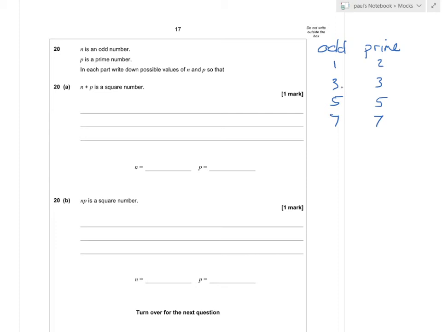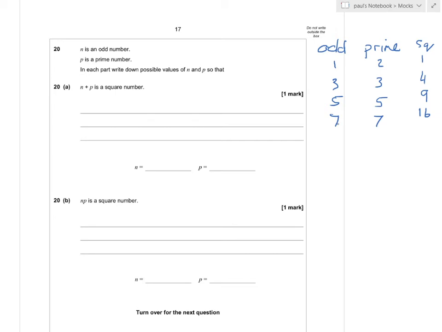So let's write down the square numbers. 1 squared, 2 twos are 4, anything that adds up to 4. 3 threes are 9, anything that adds up to 9. No. 16, anything that adds up to 16?